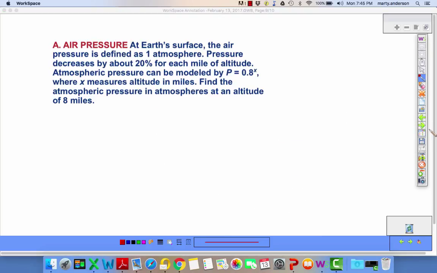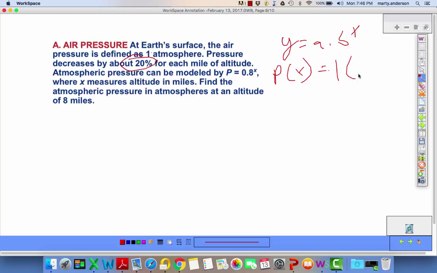At Earth's surface, the air pressure is defined as 1 atmosphere. Pressure decreases by about 20% per mile. This is an exponential growth or decay problem, because they went with a decay of 20%, so it was really starting with 1. So this is y equals a times b to the x, where pressure at time x was equal to 1 times (1 minus 0.2) to the x.